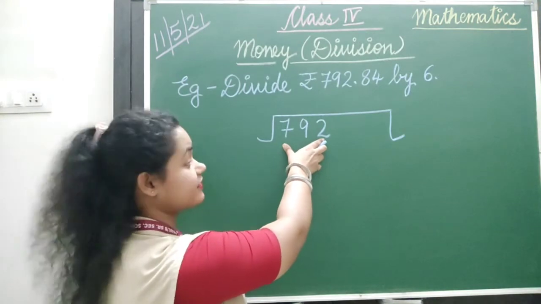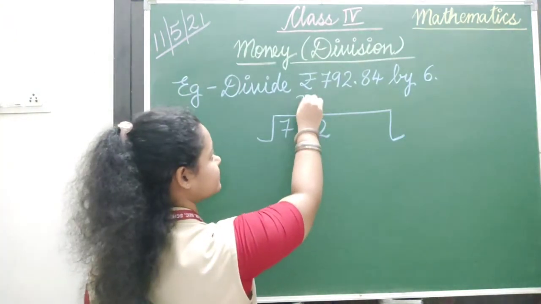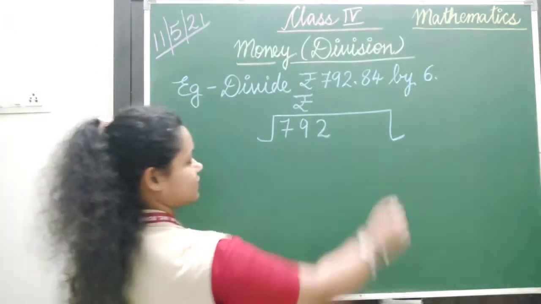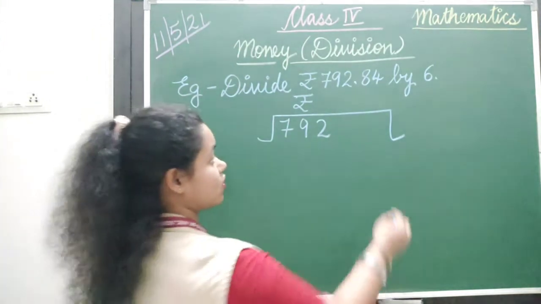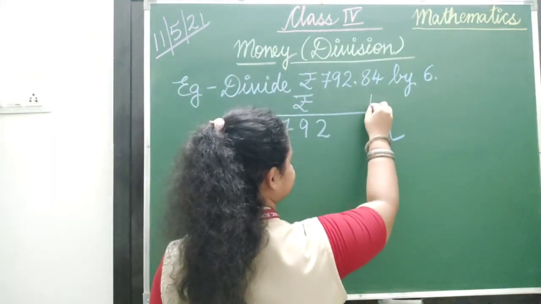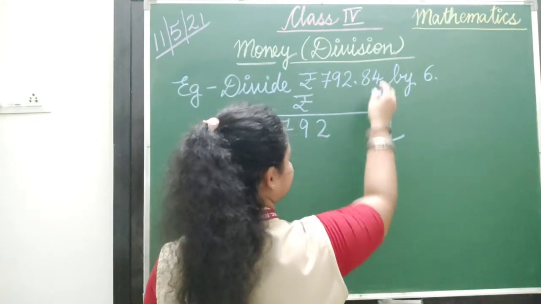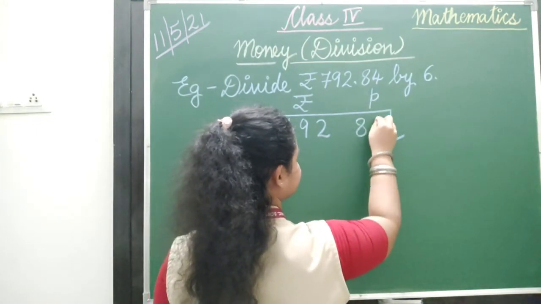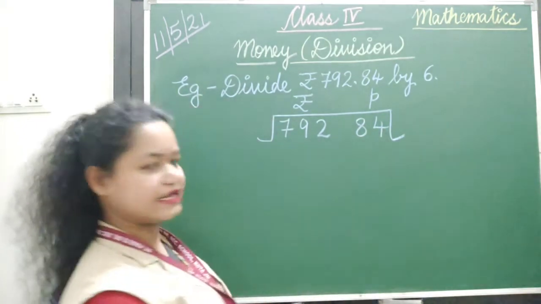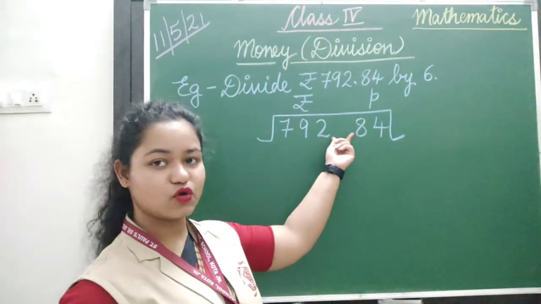792 I have written here since it is the rupees part. Now the paisa part I'll write here below, and leave some space between these two numbers.